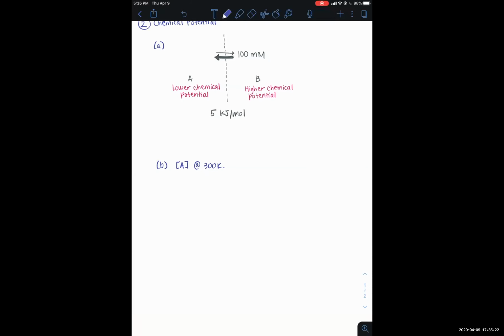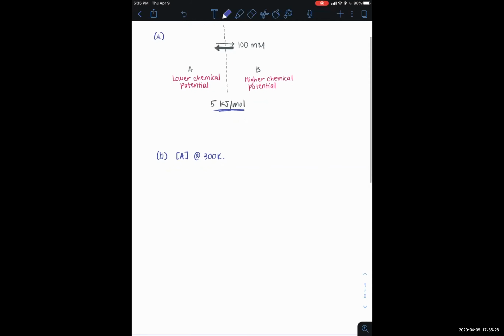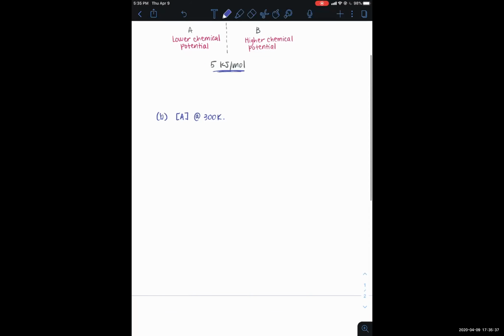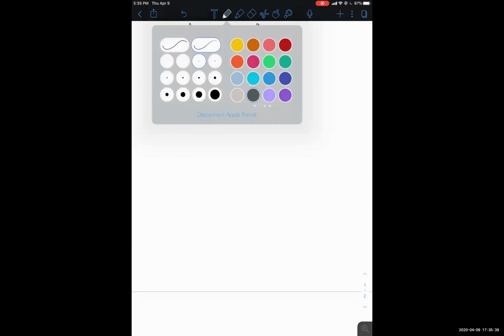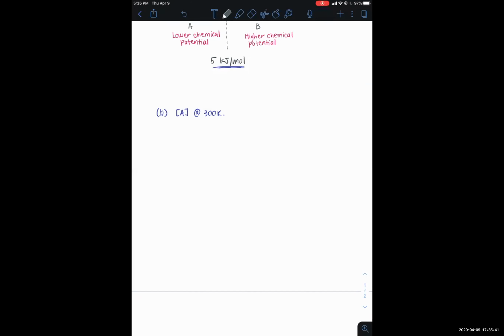So, we're given this difference in chemical potential. So if we know the concentration of one region, so we know the concentration in region B, and we know the difference in chemical potential between the two regions, then we can use the equation that we just derived, which is delta mu equals RT ln concentration 2 over concentration 1.